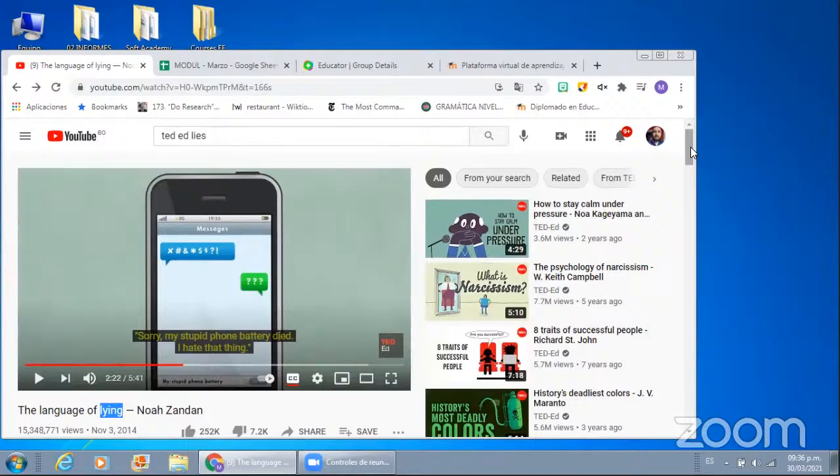Yes, correct. For example, Lourdes told me, if you're working in an enterprise and you're working with the selection of personnel, you should do this with your employees to see if they are lying or not about the information they are telling. And that's true.